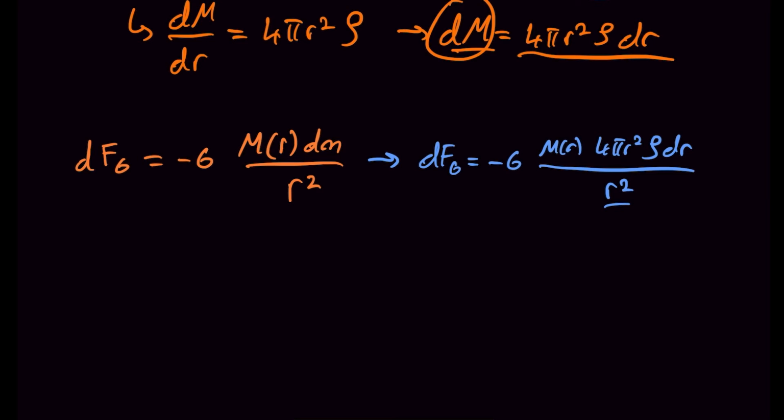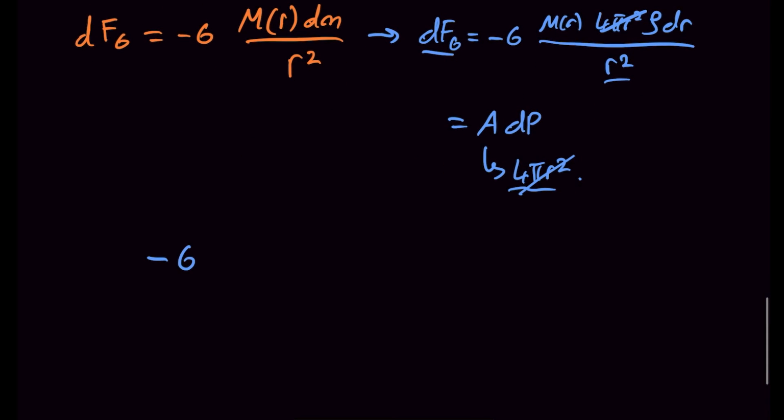The r squareds do cancel, but let's just keep them for a second because we said that this, the force, is equal to a dP. And we know that this area is also 4 pi r squared, so it's better to cancel these out instead. Okay, so with that we have minus G m_r, and the 4 pi r squareds are gone. We have rho over r squared dr is equal to dP.